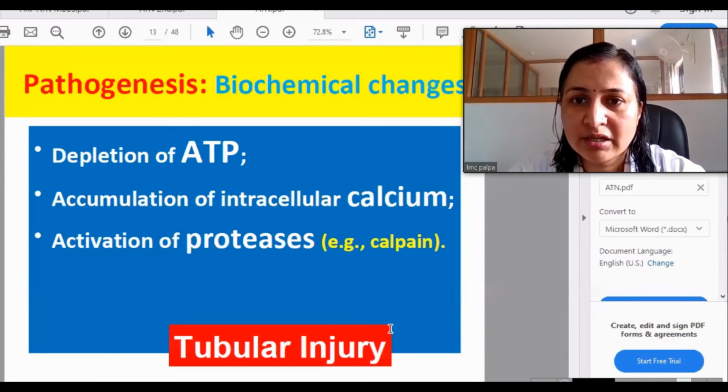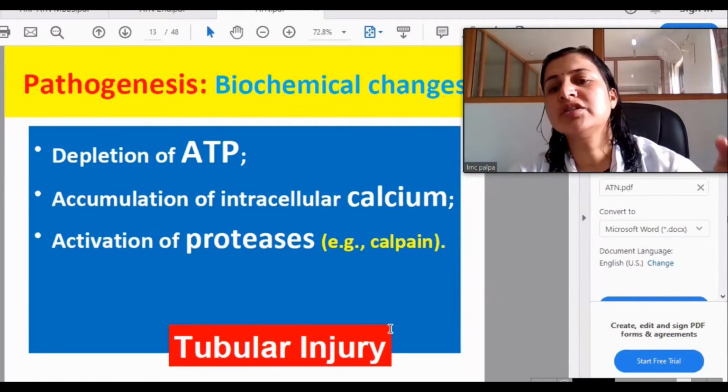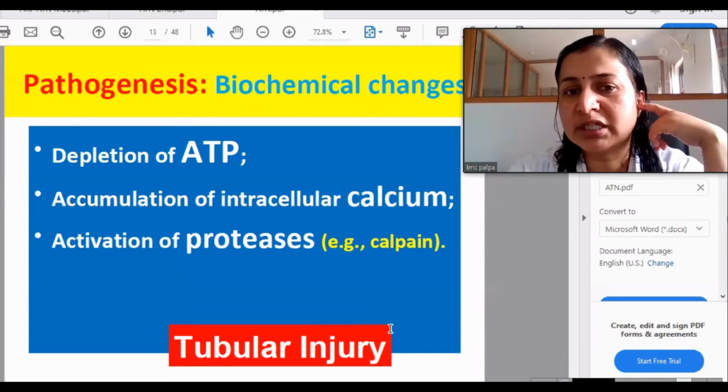Clear? Now, what biochemical changes occur in necrosis and apoptosis? There will be loss of ATP, depletion of ATP, which is the power energy of the epithelium, and intracellular calcium will accumulate, and the proteases will be activated. So it occurs in any cell death. The ATP will be depleted and there is amorphous calcium deposition, especially in mitochondria.